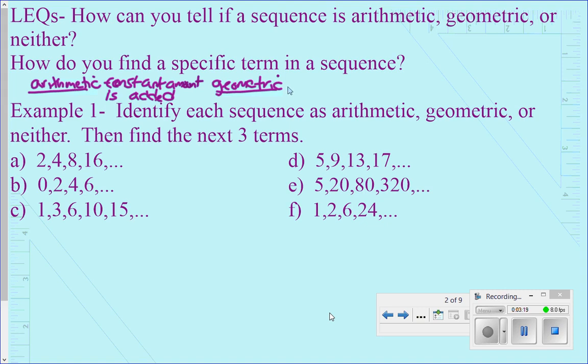Geometric, a constant amount is multiplied. Now, sometimes we'll have a sequence, a list of numbers with some sort of a pattern, but the pattern is neither of those. It's not adding a constant amount or multiplying by a constant amount. So we just say that that's neither.